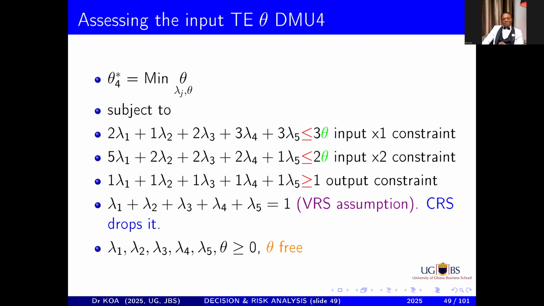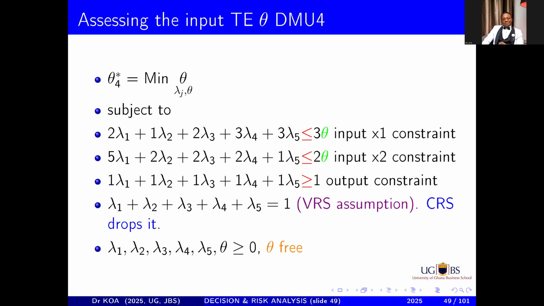Then we do the same for the second input, x2. We take for each of the DMUs their values, 5, 2, 2, 2, 1, times their weights, the lambdas, less than or equal to the DMU4's x2 value again, which is 2. When it comes to the output constraint, the values we had were 1 across the board, so 1 times lambda all through, greater than or equal to 1.